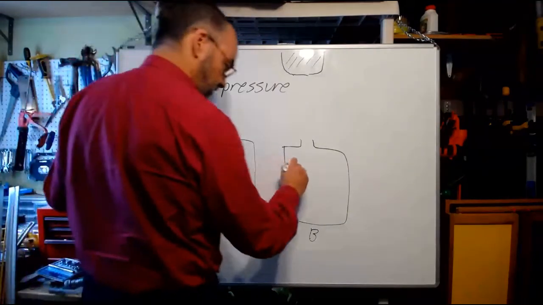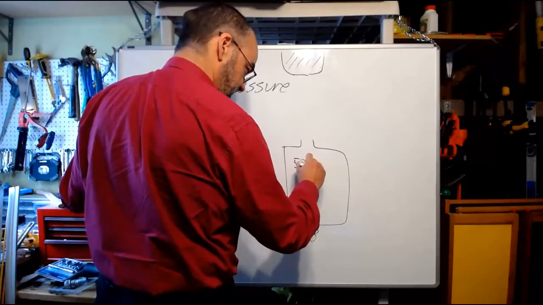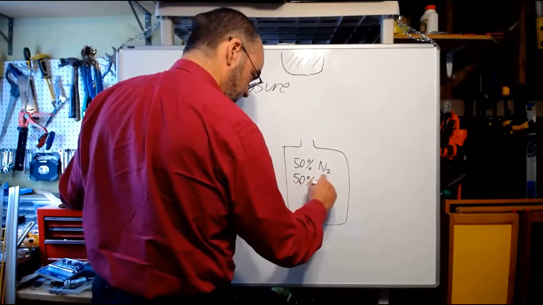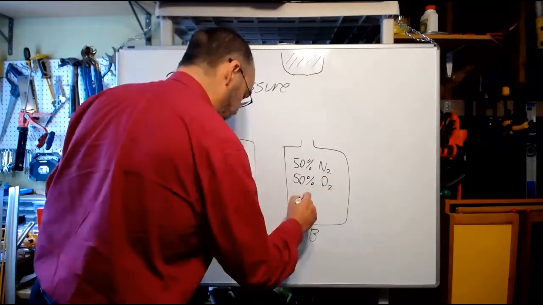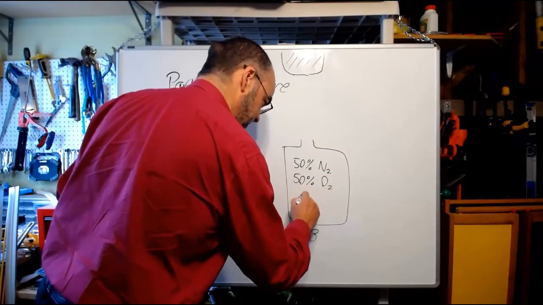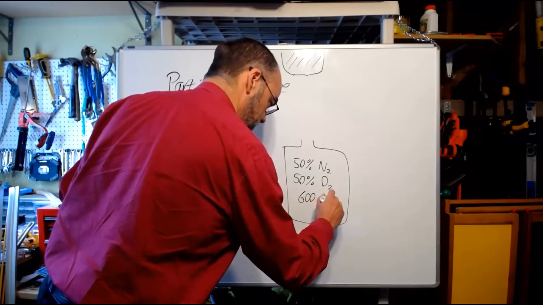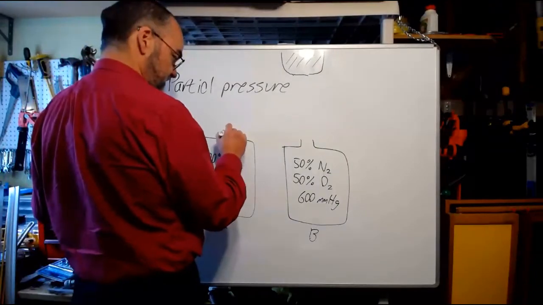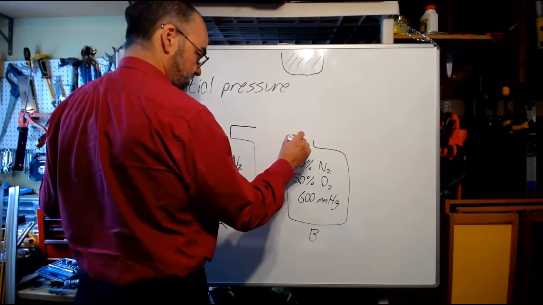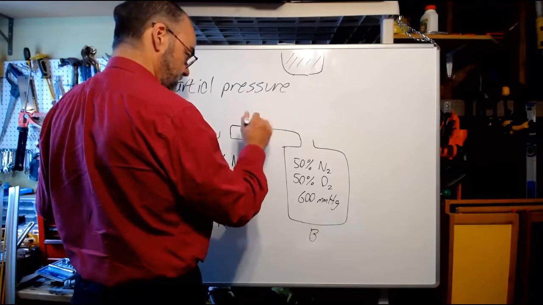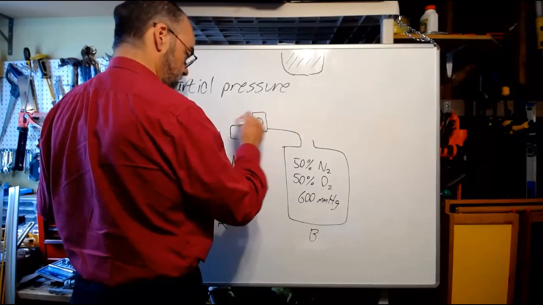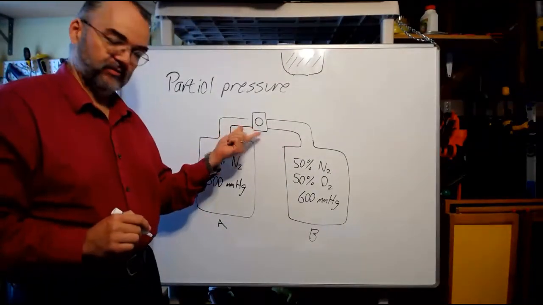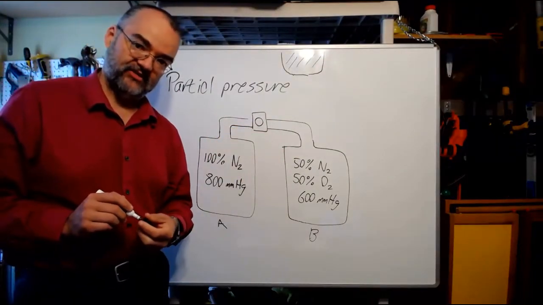This other container, container B, will be 50% nitrogen and 50% oxygen, and its overall pressure will be 600 millimeters of mercury. We will connect these two chambers with a valve that, when I open it, will allow gases to move between the two containers.